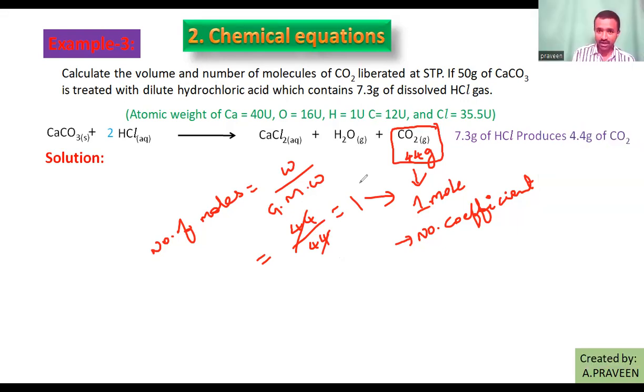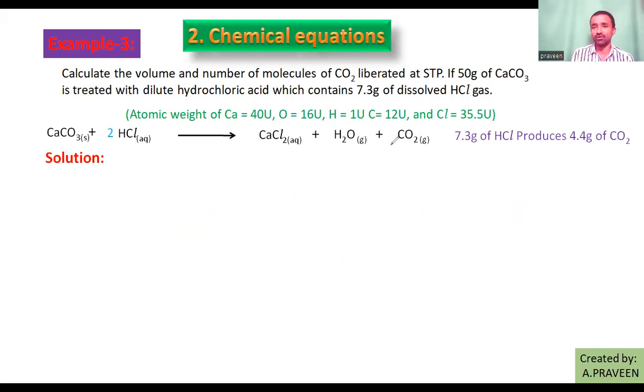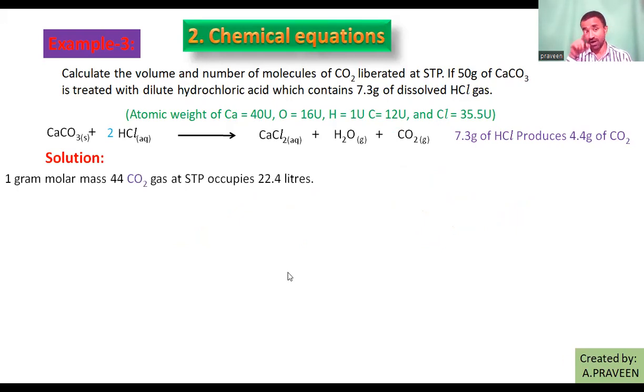Okay, clear. Now, look here. I know the gram molecular weight of carbon dioxide. So 1 mole, molar mass, is equal to what? 44 grams. So 44 grams of carbon dioxide gas at STP occupies 22.4 liters of volume. Then what volume does 4.4 grams of carbon dioxide occupy?